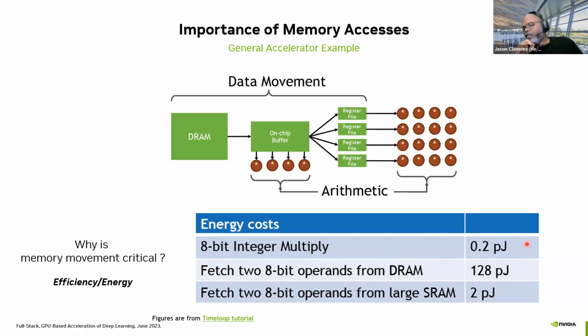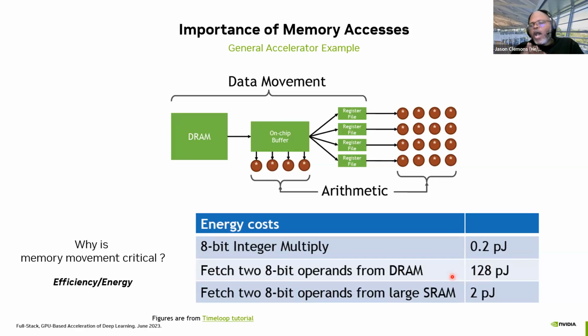That is almost 1,000 times more energy just to get the data you're going to operate on. Even if we start talking about, hey, we've got these on-chip buffers that we're going to use, fetching 2 operands is still 1 order of magnitude more expensive from even an SRAM than doing the multiply.